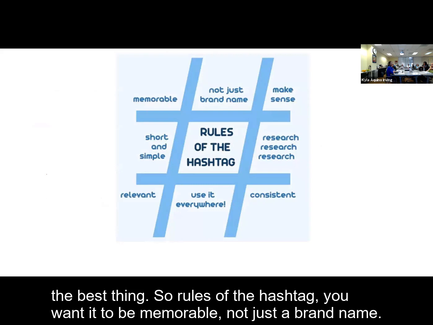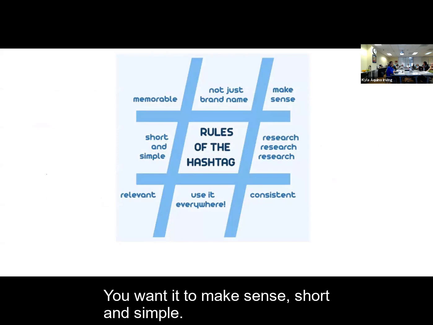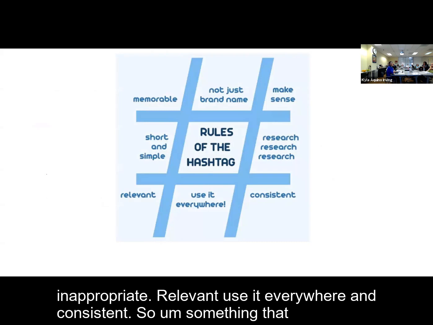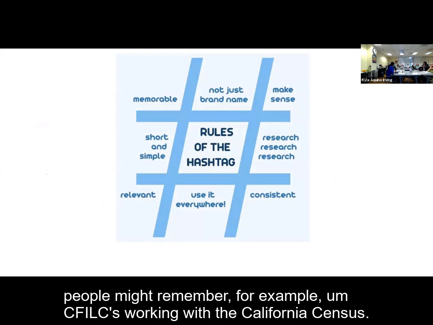So, rules of the hashtag: you want it to be memorable, not just a brand name. You want it to make sense, short and simple, research, research, research, so you're not using an acronym that's something inappropriate. Relevant, use it everywhere, and consistent. So, something that people might remember, for example, CFILC is working with the California Census.